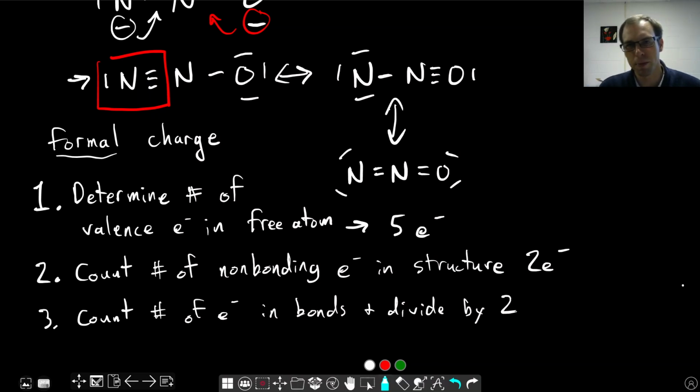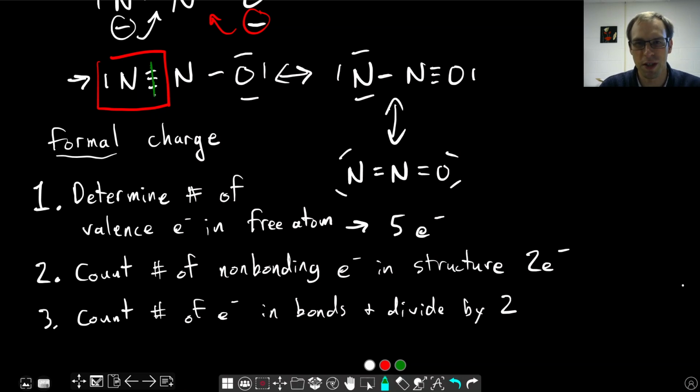Now this step may be a little bit confusing, but essentially the way we calculate formal charges is that in a bond, the electrons are shared equally. So as we count up the electrons that are on the atom, we divide them up. I'm trying to depict that here: each atom gets 1 electron for each bond that they form.